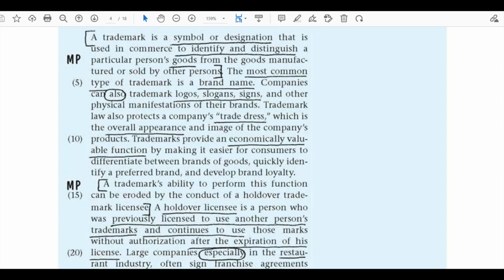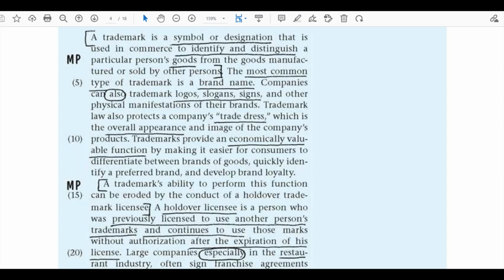Trademark law also protects a company's trade dress, which is the overall appearance and image of the company's products. Trademarks provide an economically valuable function by making it easier for consumers to differentiate between brands of goods, quickly identify a preferred brand, and develop brand loyalty.